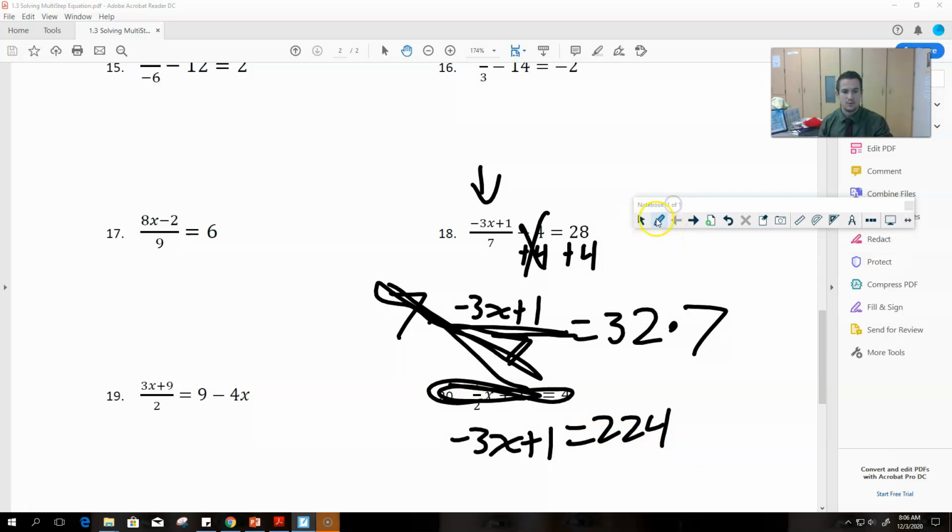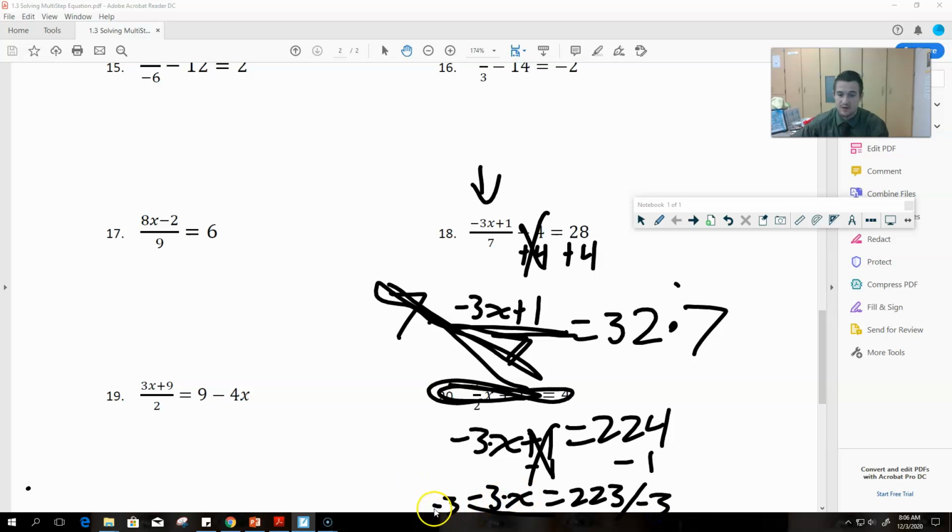Okay, let me move this out of the way. Well, now I have negative 3 times x plus 1 equals 224. So I'm going to go ahead and subtract 1 on both sides, which will give me negative 3x equals 223. Now if I have negative 3 times x equals 223, I'm running out of space, but I need to divide by negative 3 on both sides.